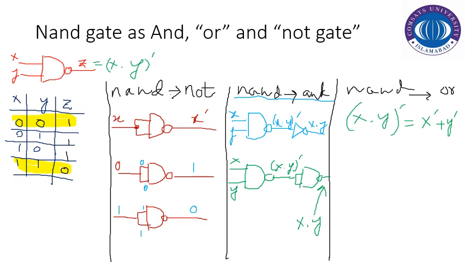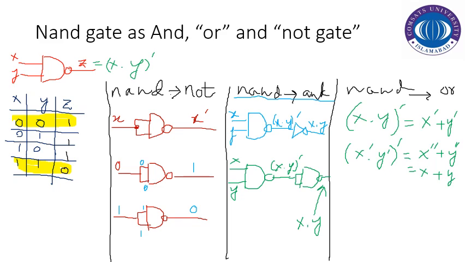What we will do is we will invert these inputs first. So if I take x prime into y prime whole prime, that would be equal to x double prime or y double prime. This will cancel out each other's effect, and this will be equal to x plus y. So simply we would have to invert the inputs first, and that's it. We've got the OR operation by the NAND gate.